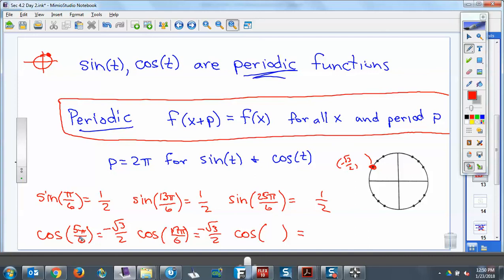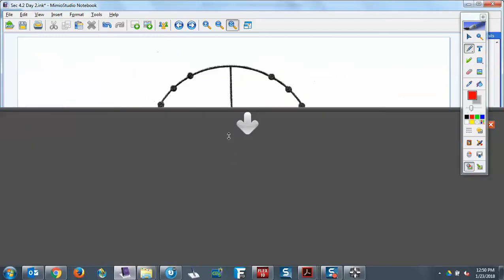What would it be? Negative 7 pi over 6, right? And that would also be negative root 3 over 2. Negative 7 pi over 6 would also get you to this point right here. So every 2 pi, you just go around the circle, and you end up at the same point, and they're going to get the same outputs. That's a periodic function. Okay, sine and cosine are those. All right, last thing.